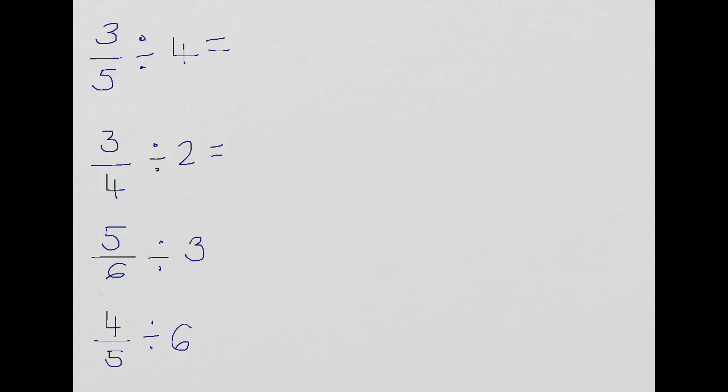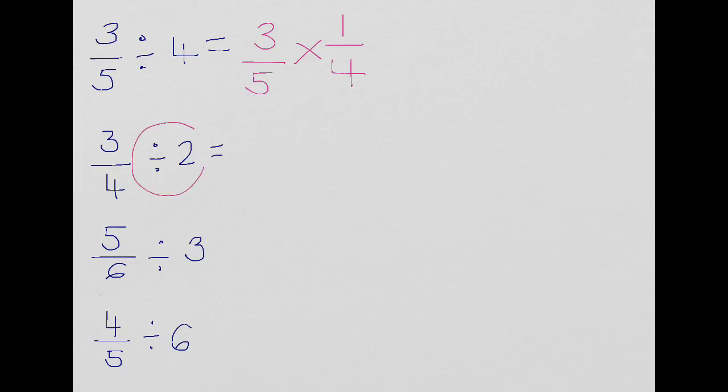So looking at these now, we're going to write these calculations different ways because we know about multiplying and the reciprocal. Now, dividing by 4 is the same as multiplying by the reciprocal of 4, which is 1/4.